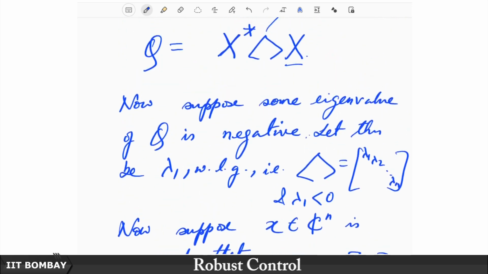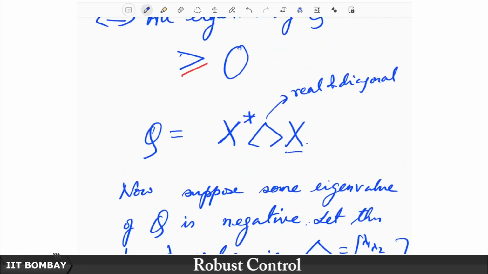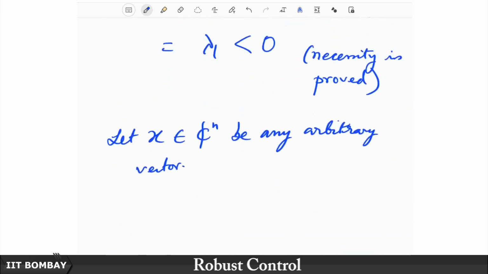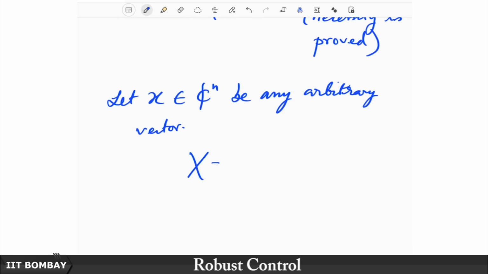Here I already have a ready-made basis, no. Look, the columns of X are a set of orthonormal vectors, right. So they form an orthonormal basis, yeah. So suppose X has columns given by x1, x2, dot dot dot till xn. When I say suppose, I mean that I am just writing out the columns of X as individual vectors.